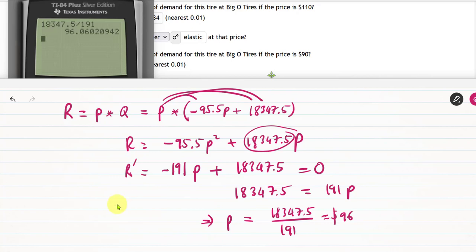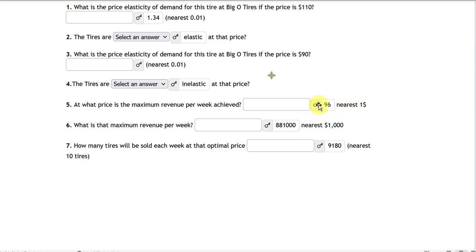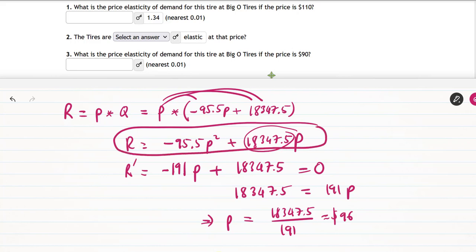to maximize the weekly revenue, right? And this is right here, $96. And they ask you, what is that maximum revenue per week? Okay, we have $96. So you want to find that maximum revenue, right? Remember this is the revenue equation right here before we take the derivative.